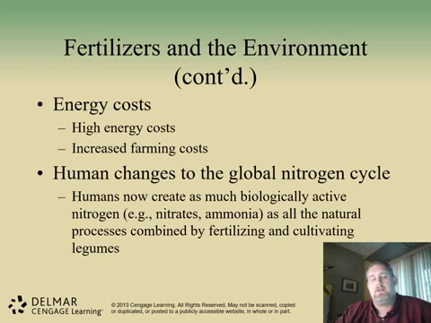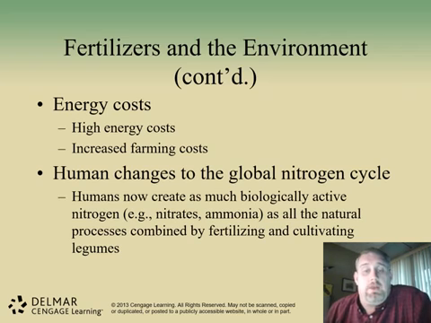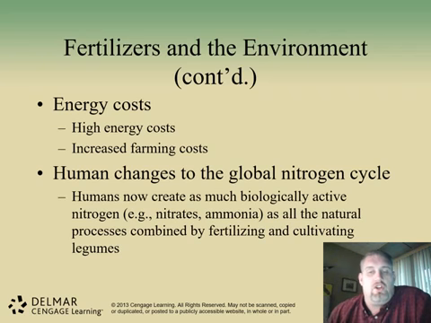And fertilizers can cause high energy costs to be produced, to be spread, and so manures and compost can be a good way to alleviate some of these higher costs. And then humans can have changed the global nitrogen cycle to kind of work it themselves by using the petroleum-based fertilizers.